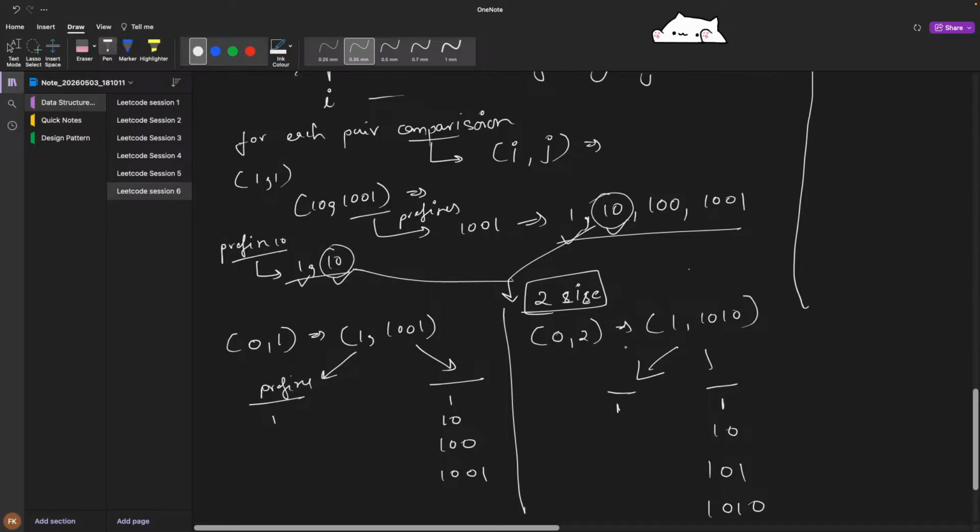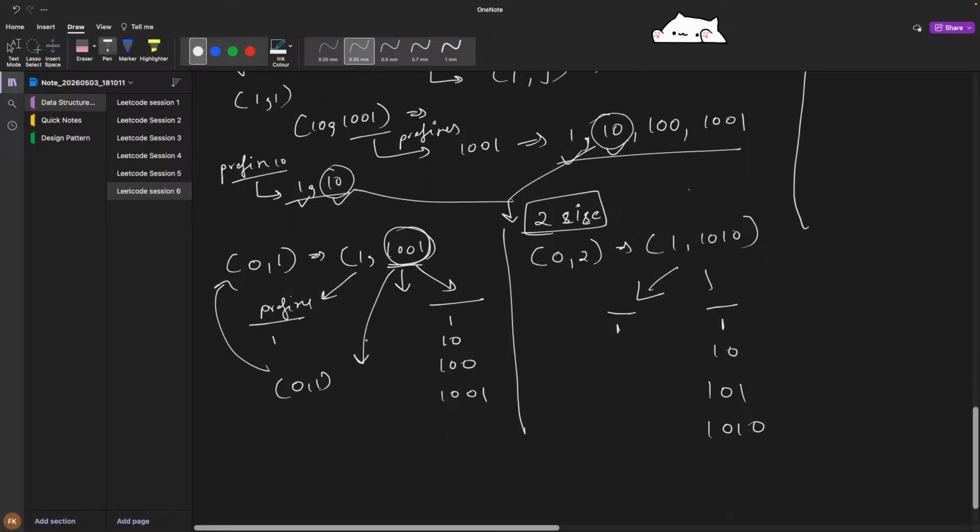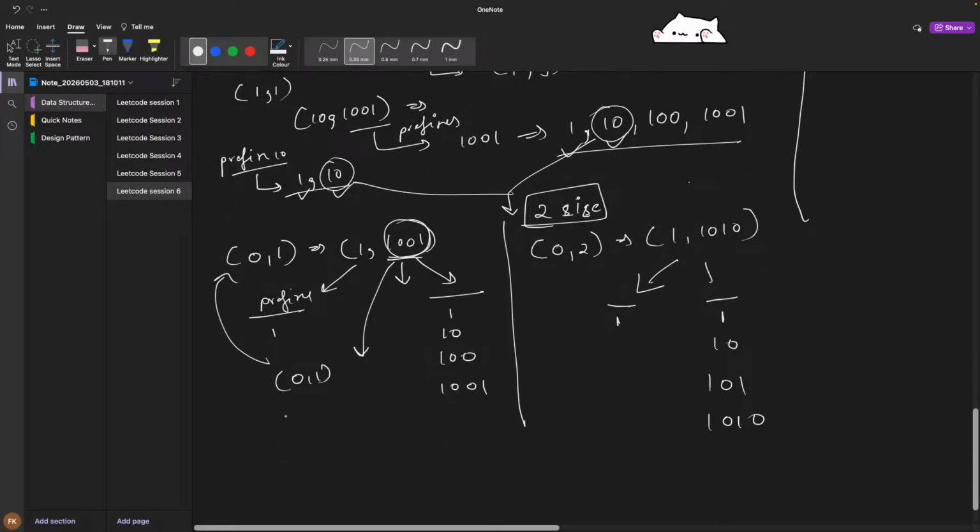You see how we are doing the same thing again. I calculated the prefixes of this particular number for the pair 0 comma 1, but I also calculated the prefixes of this one for every other i value.